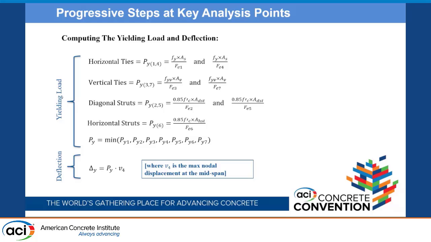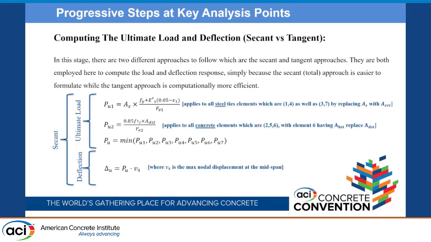And then we collect all the forces in all the members, and we take the minimum because that's going to be reached first. So that's our PY, and we take PY and multiply it by the maximum deflection due to a unit load. We get the actual deflection at yielding. And similarly, we will do the same thing for the ultimate load with the secant approach versus the tangent approach.